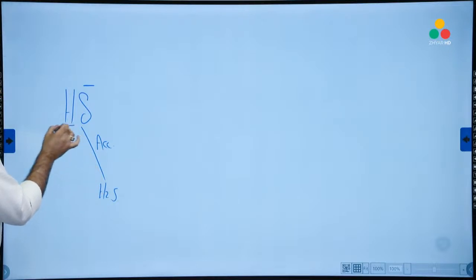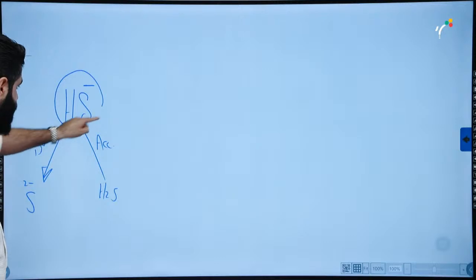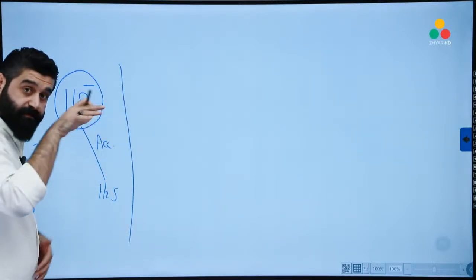And because it has a proton, it can donate the proton to become S²⁻. So now, is this a donor or an acceptor or both? It can be both based on the reaction, based on the neighborhood.